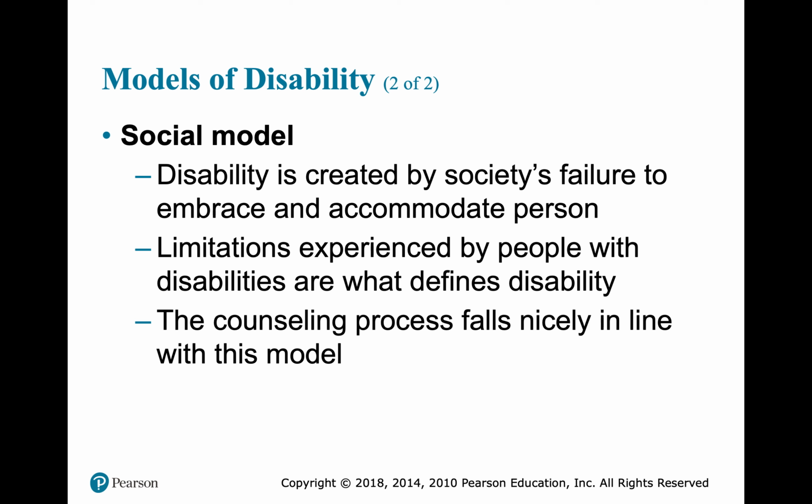So failing to embrace or accommodate the person, and that's more of the issue that we see with the disability. So limitations experienced by people with disability are what defines the disability. So not the disability itself, but how it limits their ability to interact with society.